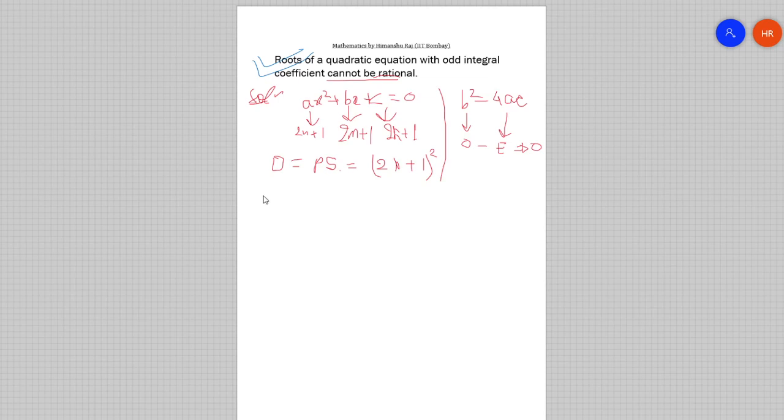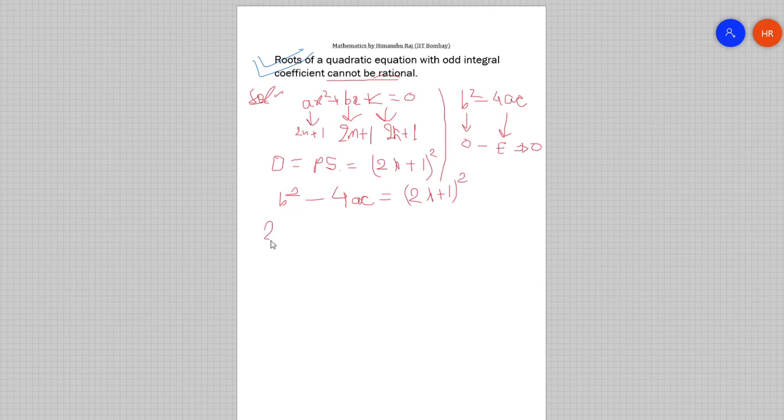Now write b square minus 4 times ac equals (2 lambda plus 1) to the power 2.